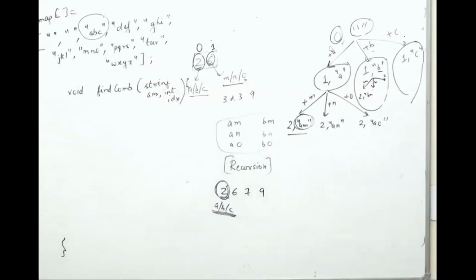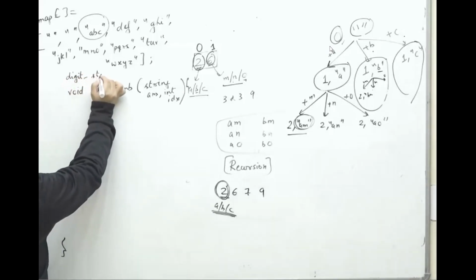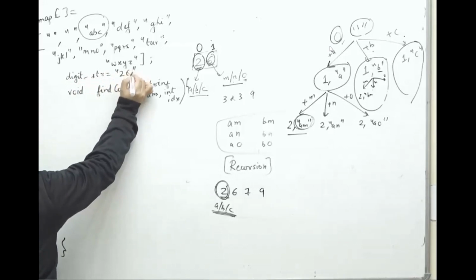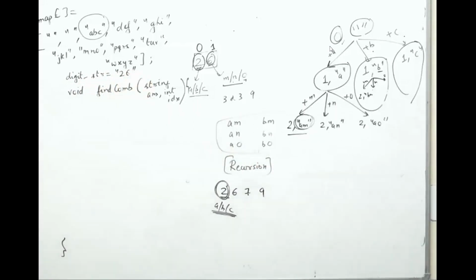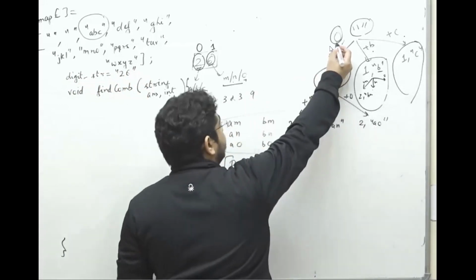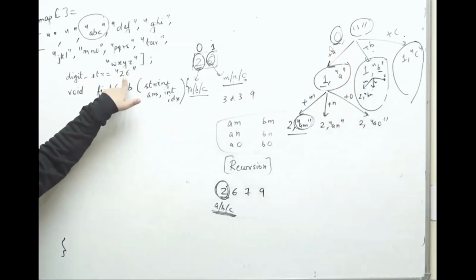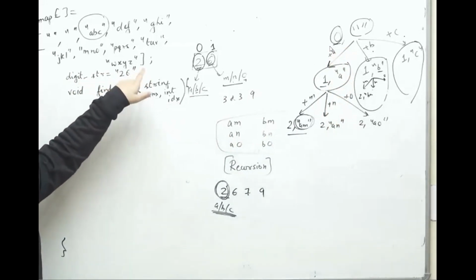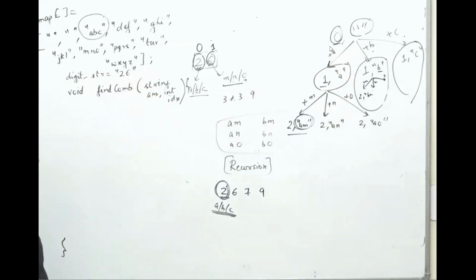When do I need to stop? And what do I need to do when I stop? I also have a digit string, which is like 26, right? When you have made a decision for all the indices, when I've made a decision for 2, I have made a decision for 1, and now I have reached index 2, that is where I need to stop.